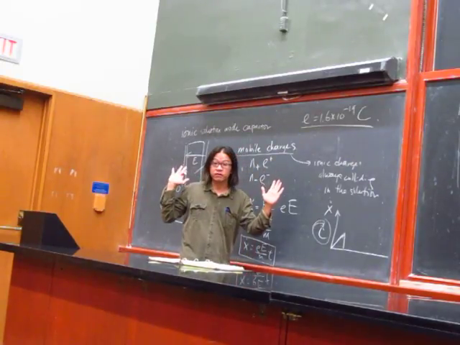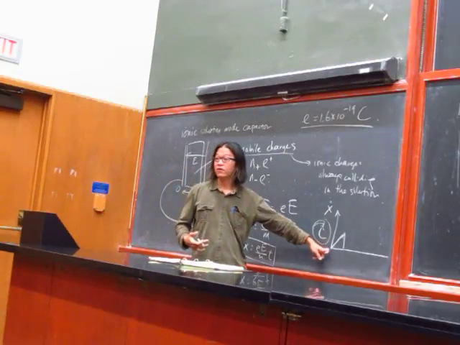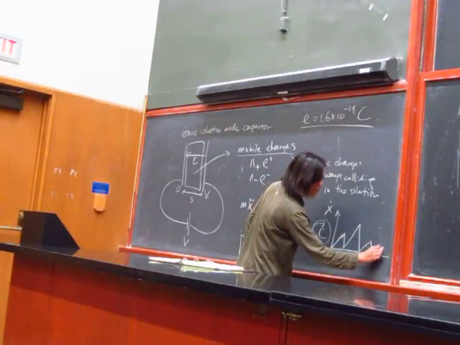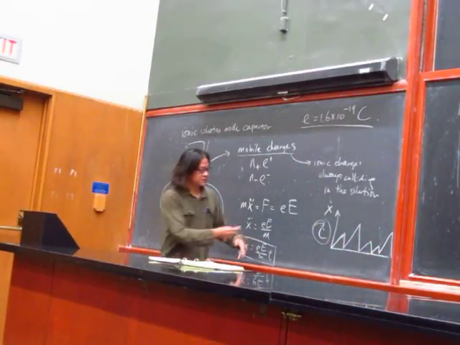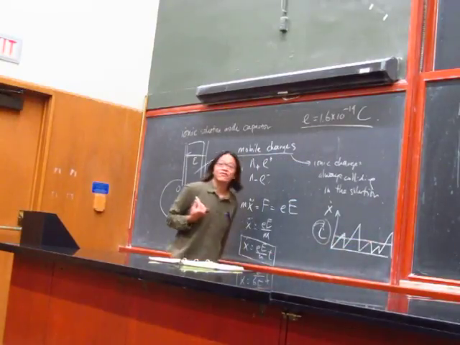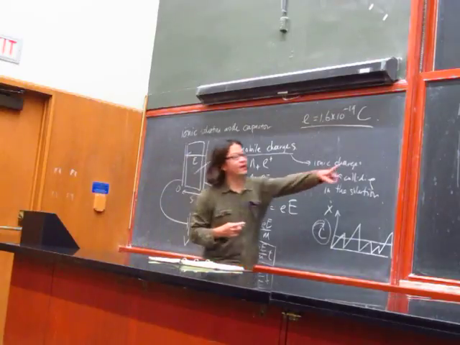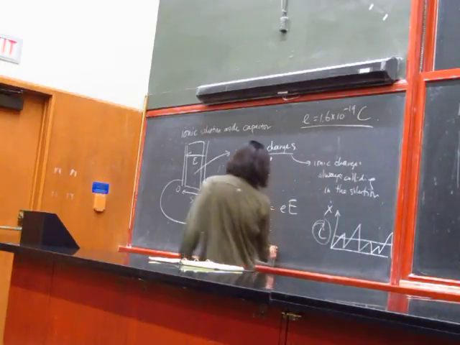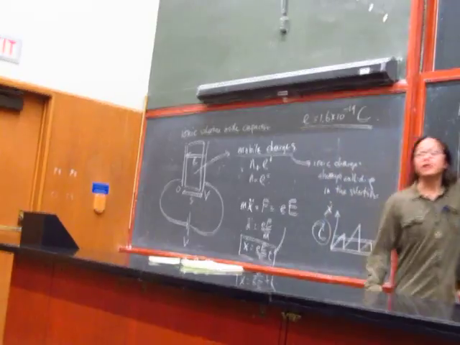It loses memory of its previous acceleration, so the average speed after the collision is 0. And on average, the drift velocity is given by an average over time, by this variable here, but we replace t with tau. And tau is the mean time between collisions.